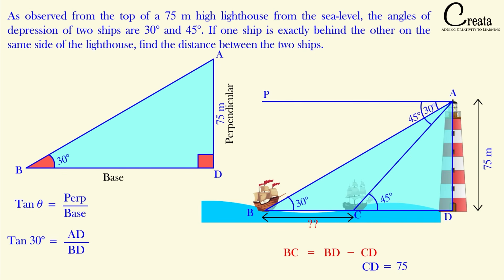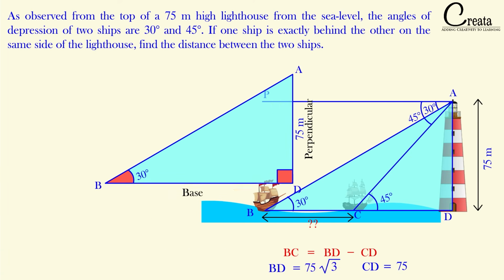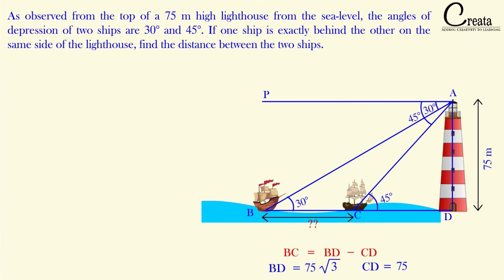Tan 30 degree is equal to AD upon BD, and AD is 75 meter, that is given in the question. And what is the value of tan 30 degree? It is 1 by root 3. So on solving, we got BD as equal to 75 root 3. Got it? We got the base of this triangle.